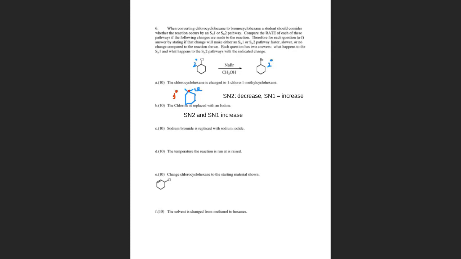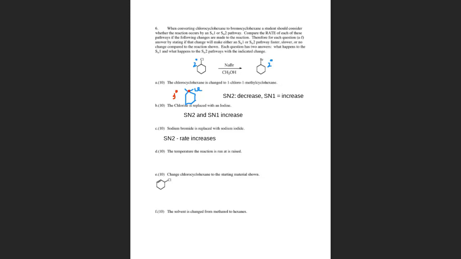Okay, so iodide is bigger, so it is a better nucleophile than bromide, if my memory serves me right. So for an SN2 reaction, our nucleophile does matter. So for SN2, the rate will increase. That's what it's dependent on. It depends on the nucleophile, all right?